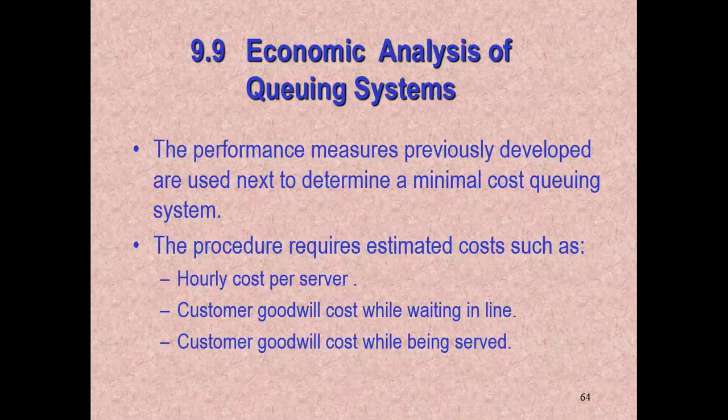So we want to make sure that we have someone there to serve them. I'm not really going to go into the nuances of this, but companies have spent a lot of time trying to classify and quantify the goodwill cost of waiting.